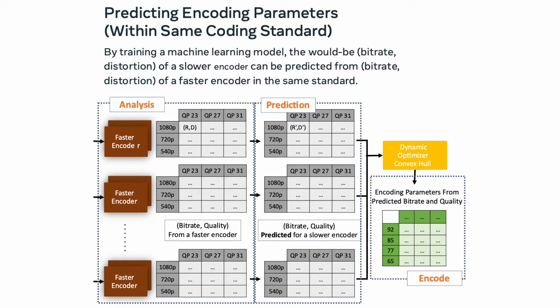So we take a video, we go through the faster encoder, we get the bitrate and distortion. Then, by the machine learning model, we predict what the bitrate and distortion will be. And the rest is the same. We can obtain the encoding parameters from the predicted bitrate and quality.